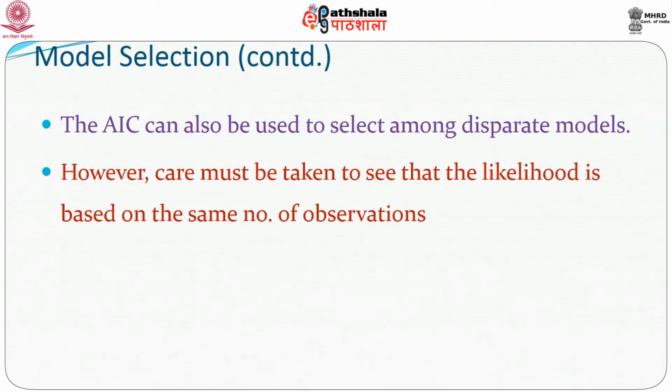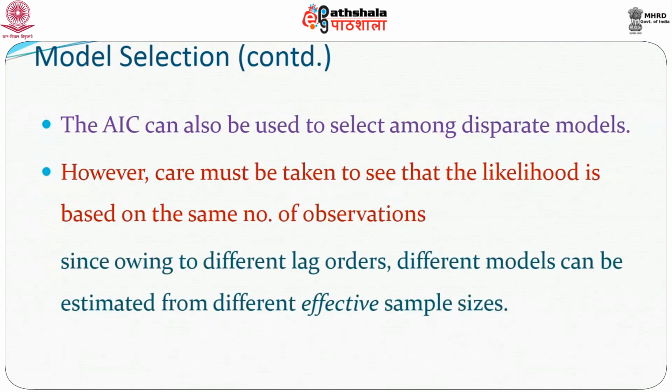So the first p observations go, and if you are given n observations, you are left with n minus p observations to estimate the parameters. Alternatively, if you are using an MA(q), you will be using n minus q of the observations to estimate its parameters. So there will be different effective sample sizes, and you cannot compare these models when you have different effective sample sizes. So you should be careful on this point.